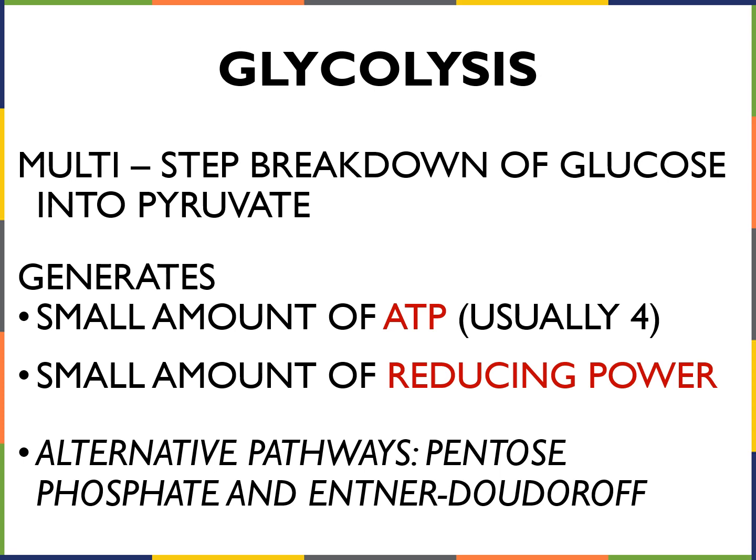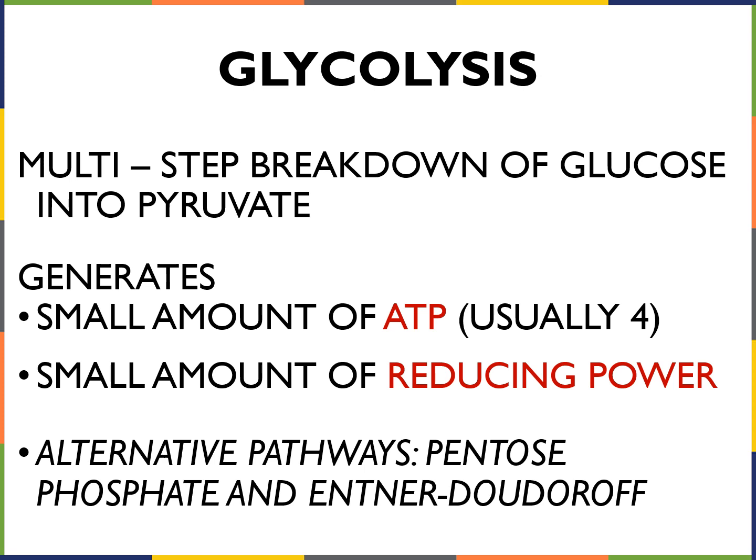However, there are 5 carbon sugars. The prefix pent means 5. There are 5 carbon sugars such as fructose, fruit sugar, which cannot undergo glycolysis. So they're still able to make energy, but instead of using glycolysis, they're going to use the pentose phosphate pathway. So it's a pathway designed for the 5 carbon sugars.